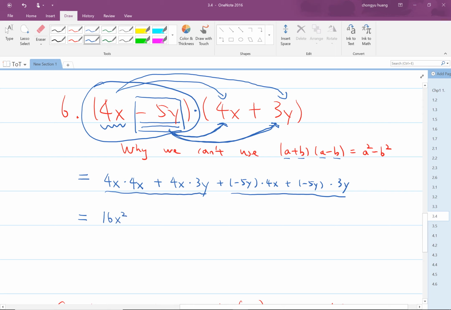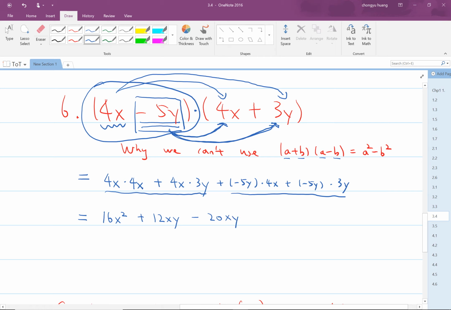And then we have 4x multiplied by 3y, which is 12xy. Then we have negative 5y multiplied by 4x, so it's going to be negative 20xy.